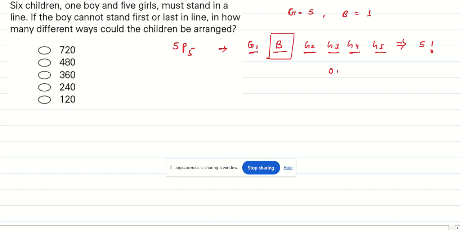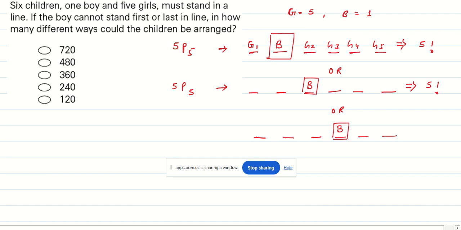But remember, we have more ways for the boy. The boy can also occupy the third slot. If the boy is here, then the girls can again sit in 5P5, 5 factorial ways. The boy can also take the fourth position, why not?